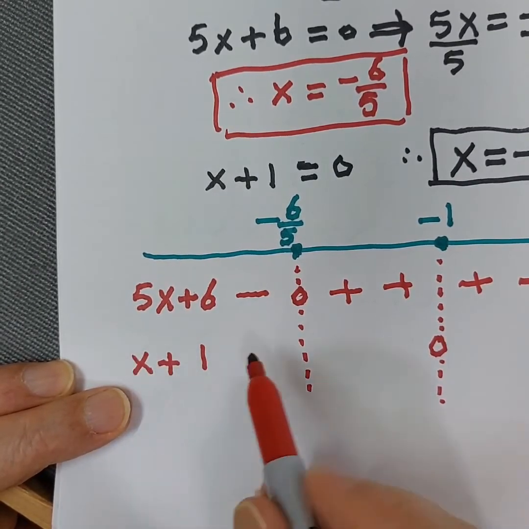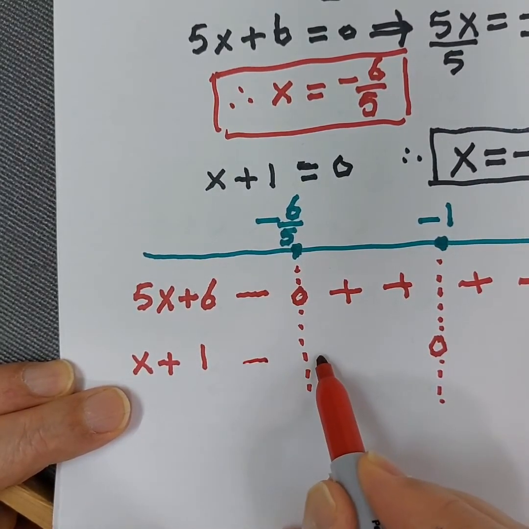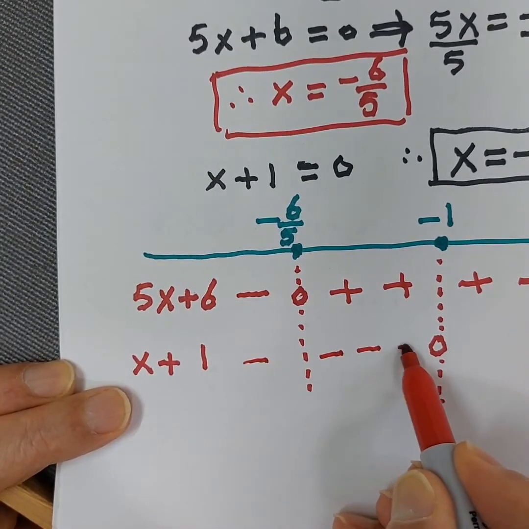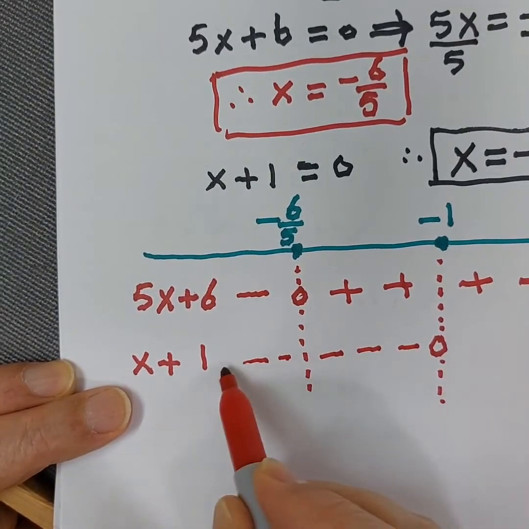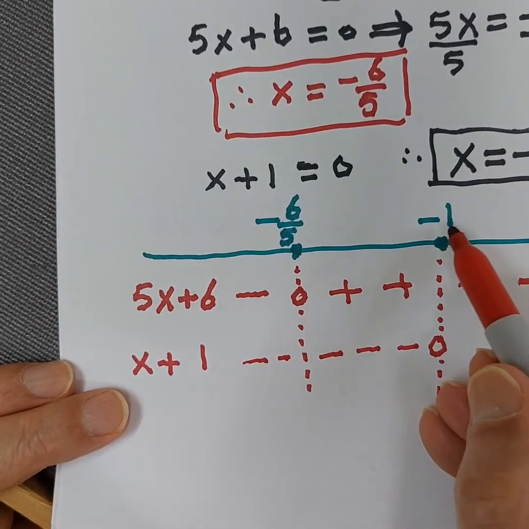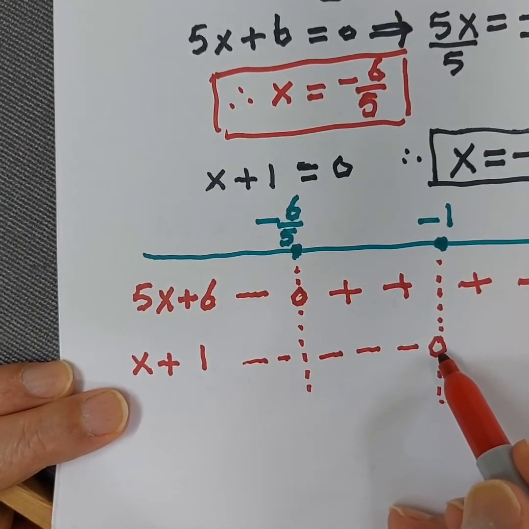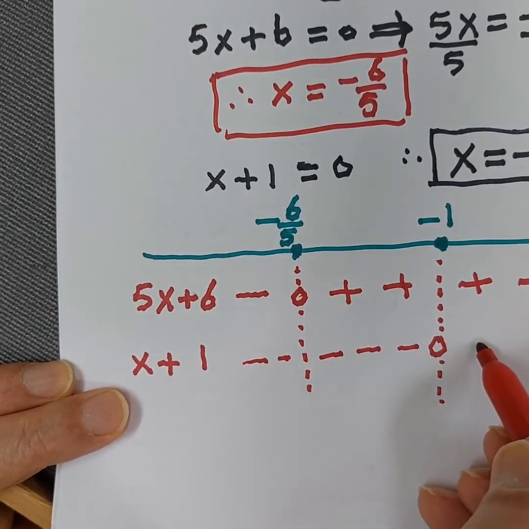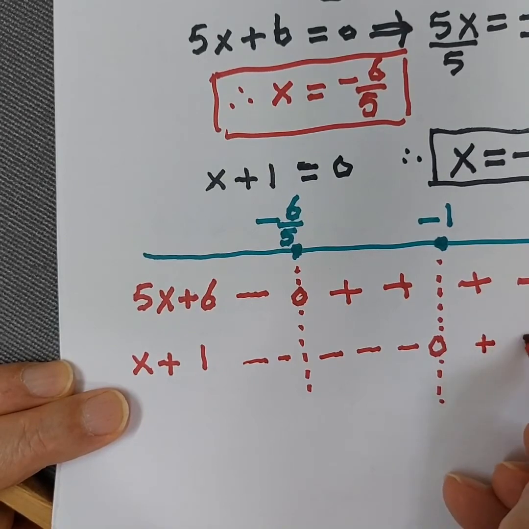So this will be negative here and here and here, still negative all this way until getting -1, where it will be 0. Here will be 0, and after then will be plus.